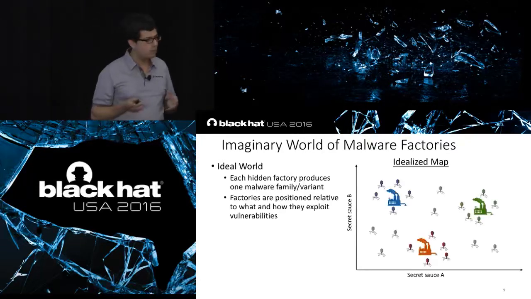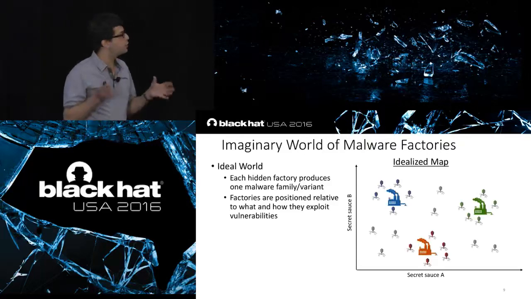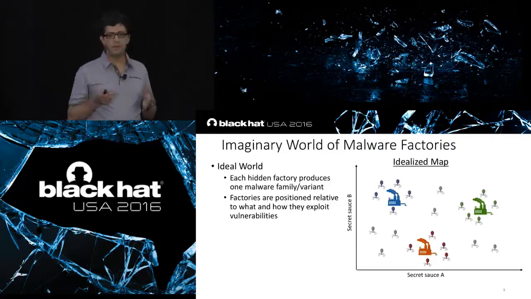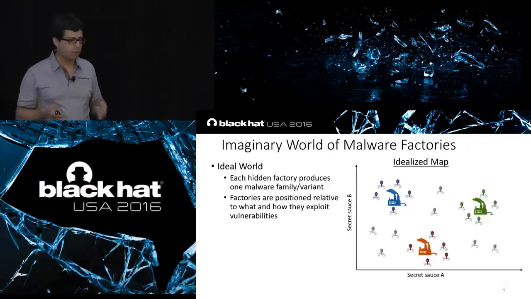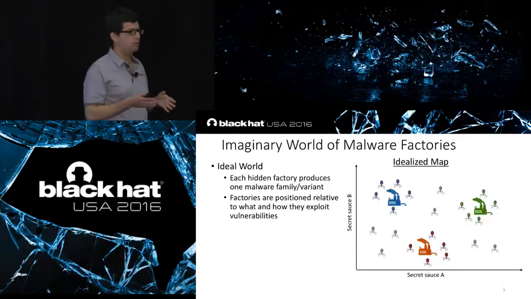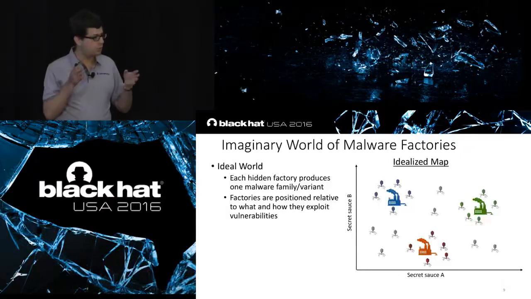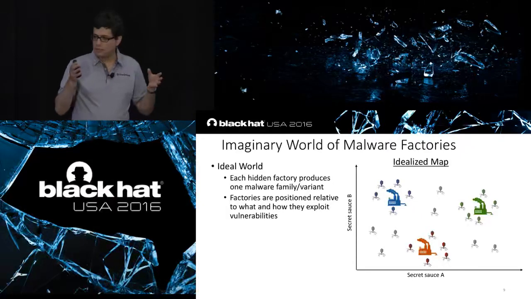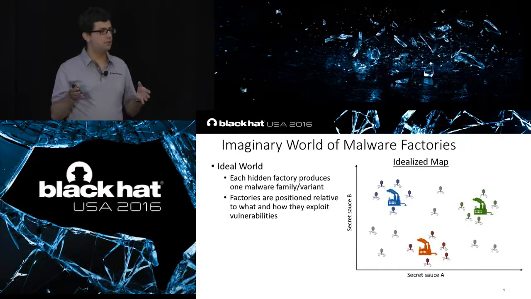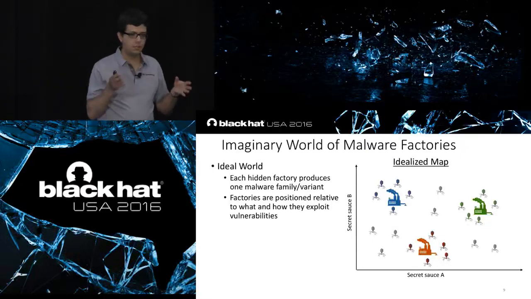So what I would like to do is imagine this world of malware factories, right? And each malware factory produces very similar malware. And if you put them on a map, they cluster together next to each other. And these malware factories, they're on the map, and the distances between those factories make sense.